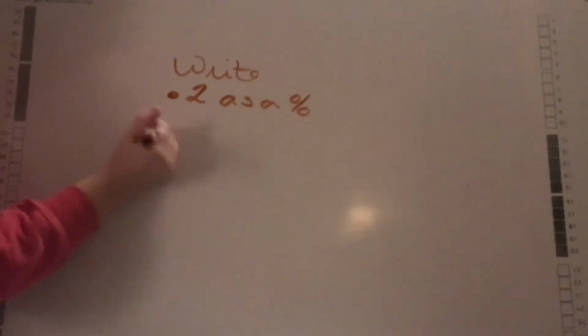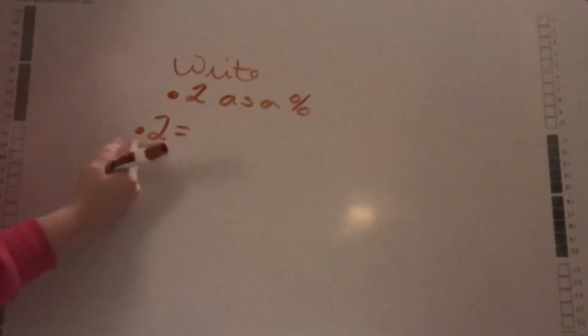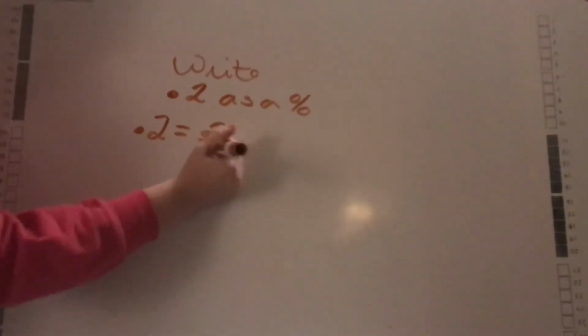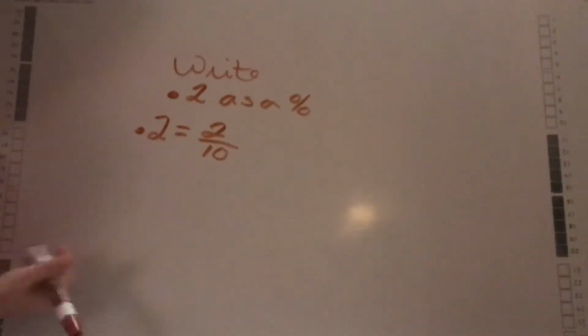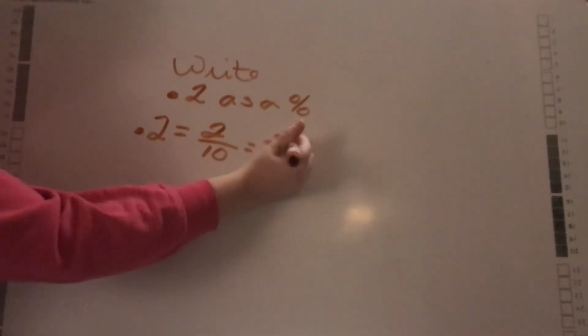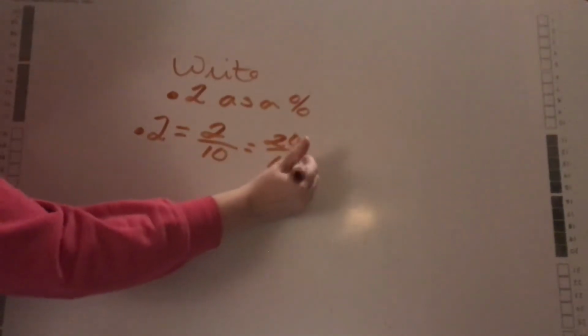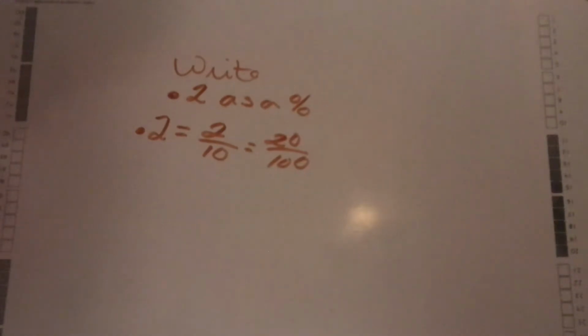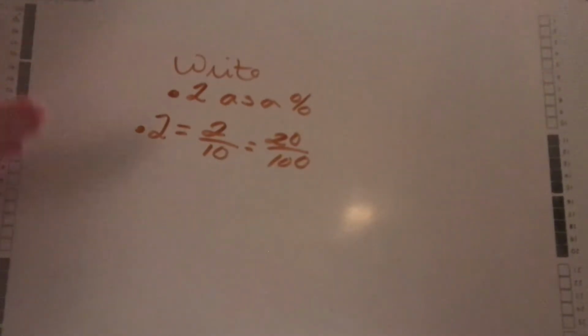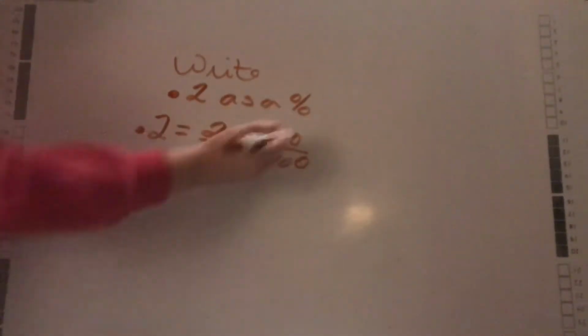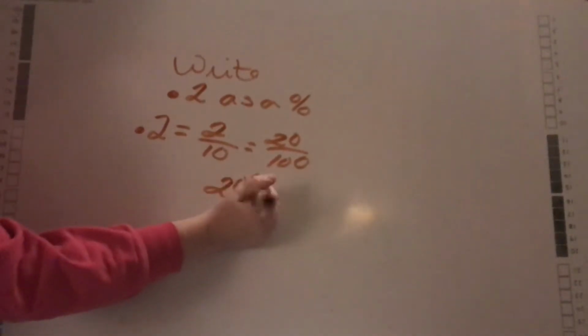The method number 1 is use pencil and paper. So that would be taking 0.2, which we know is equal to 2 over 10, which is equal to 20 over 100. And we know that percents are a certain number out of 100, so it would be 20%.